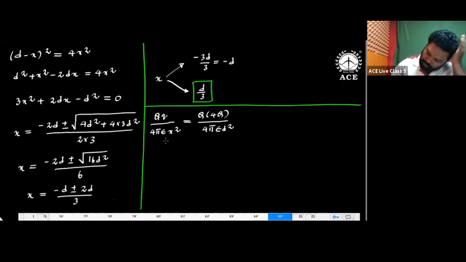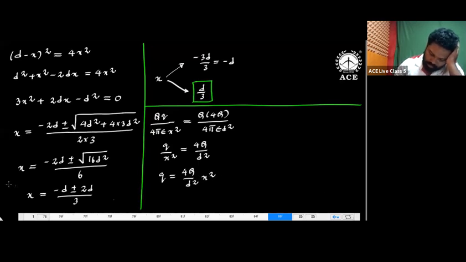So here it is q by x square plus 4q by d square. So here the charge is equal to 4q by d square into x square.